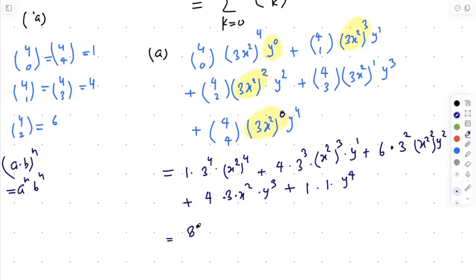Now simplify them. 3 power 4 is 81. X square power 4. Always remember a power m whole power n is going to be a power mn. So x power 2 whole power 4 is going to be how much? X power 8 there. Okay. Now 3 power 3 is going to be 27. 27 into 4 is going to be how much? I think 108. You just check that calculation. I may be wrong here. How to simplify x square power 3?